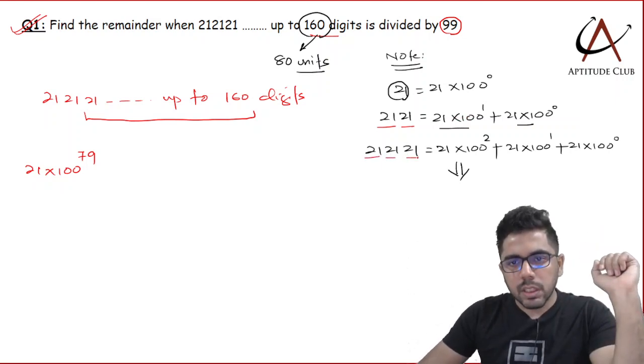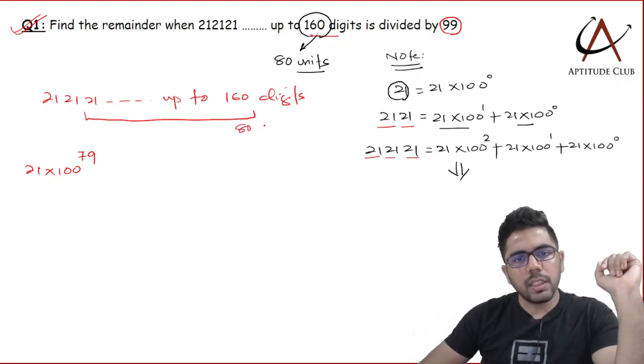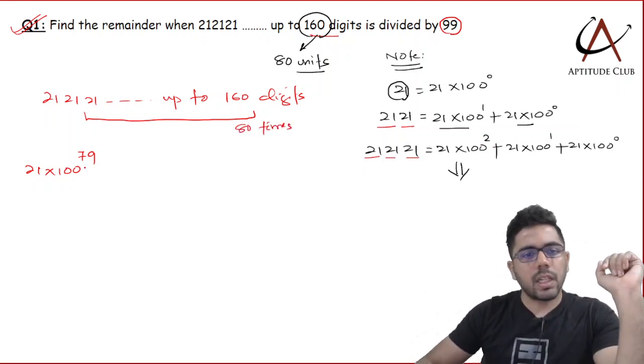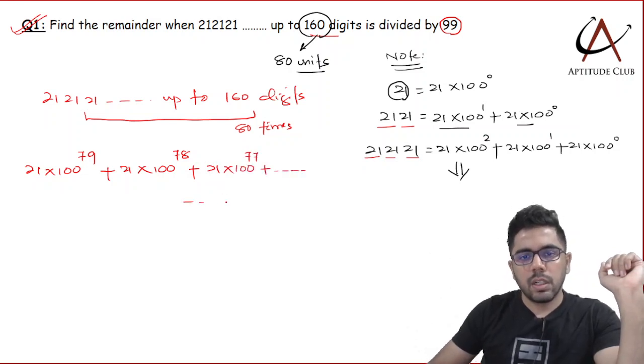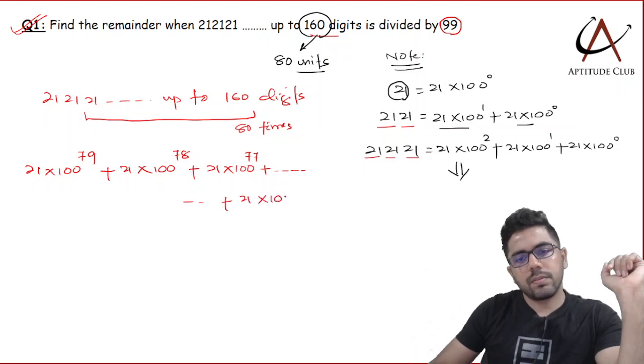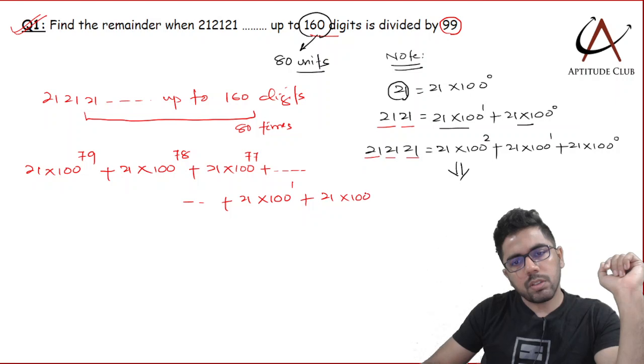If it is repeated 3 times, I'm starting from 2 and going up to 0. So now it is repeated 80 times, 21, so I'll start from 79 and go up to 0. I hope all of you are able to understand this. Very simple process. 100 to the power 77 and so on till 100 to the power 1 and lastly 21 into 100 to the power 0.